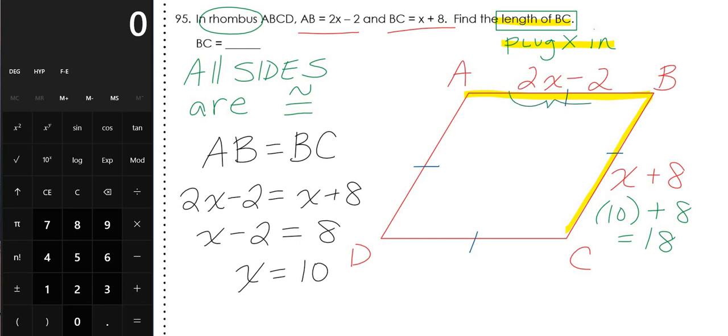So if I plug it in for 2x minus 2, I'm going to have 2 times 10 minus 2. 2 times 10 is 20, minus 2, 18 again. Perfect. 18 is the length of my side. 18 units. Centimeters, inches, whatever it is, it's 18. Final answer. So the key for this problem is knowing that in a rhombus, all sides are congruent, so you can set any two sides equal to each other. Okay, let's move on.